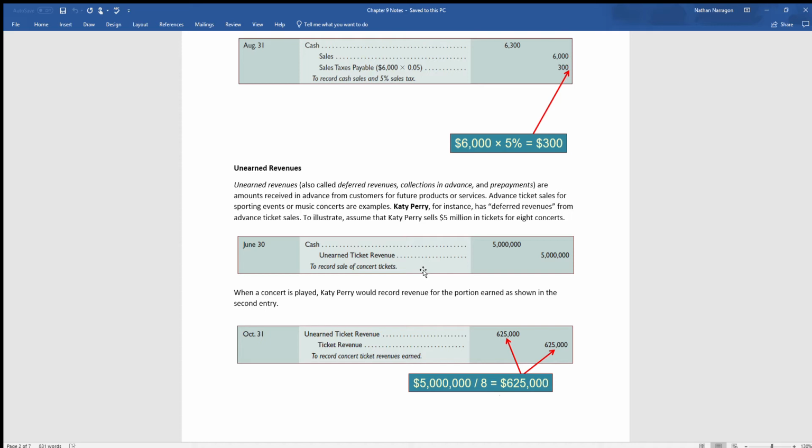But see, with unearned revenue, we just have to remember, we are not allowed to record the actual revenue until we have earned it. That's why it's called unearned. So once we get a deposit or anything that's basically in advance, we have to do that just in case we have to cancel the concert.